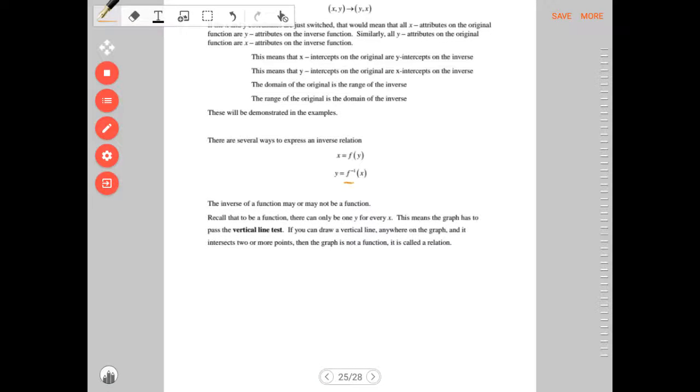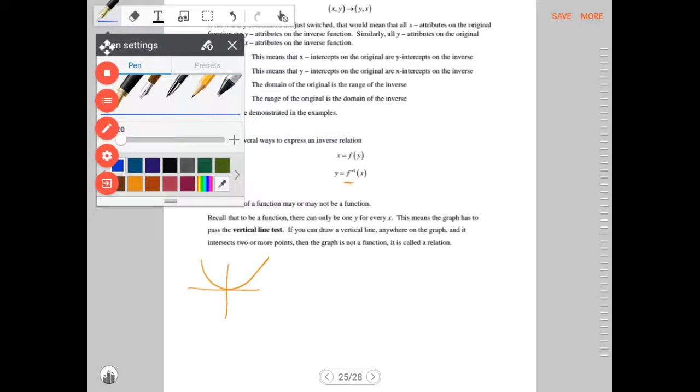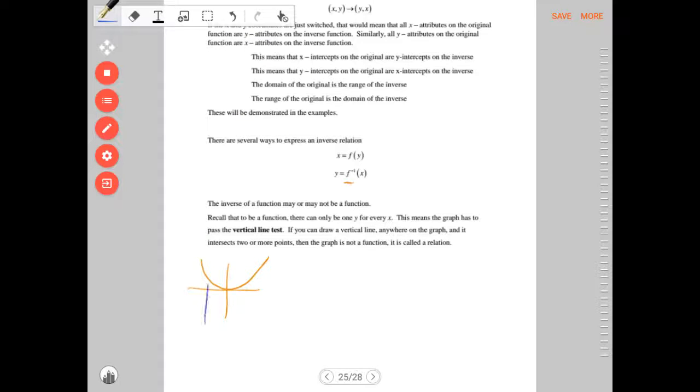So let's do a quick couple of sketches here. This one here, just the basic parabola, drawn in blue: you can draw a vertical line anywhere on this and it would only hit one point. So that graph is a function.